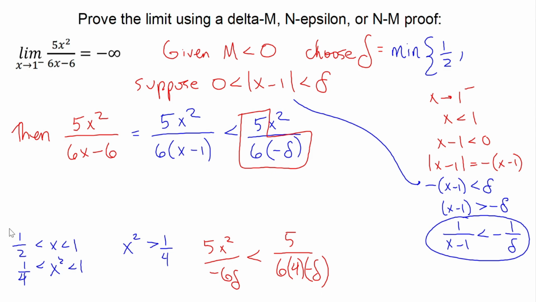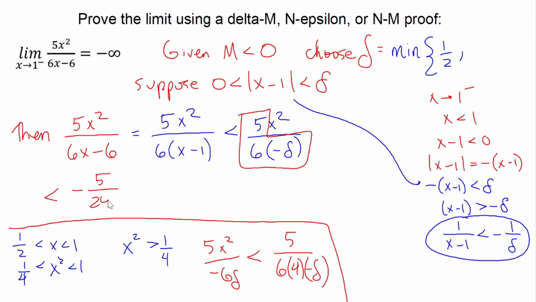So this is all just side work. We could say this is less than -5 over 24 delta. And once we have that, we can immediately say, well, now that's all in terms of constants and delta.